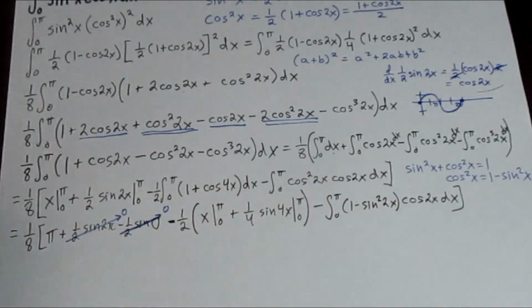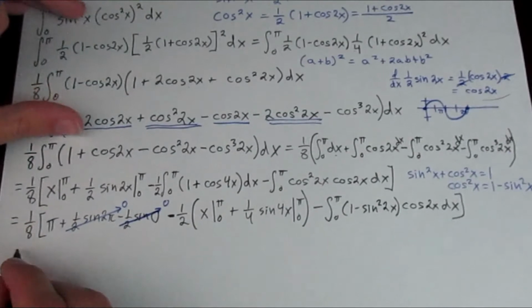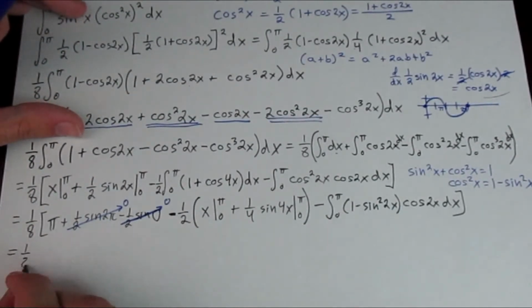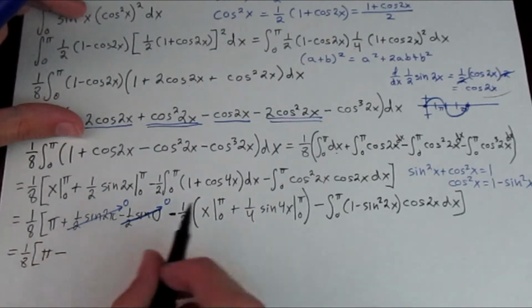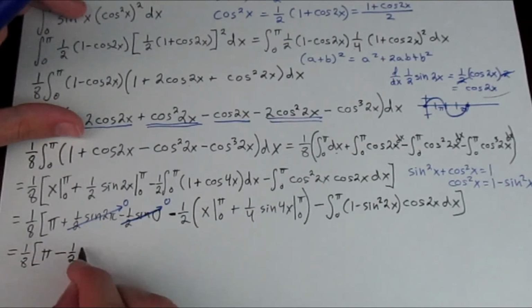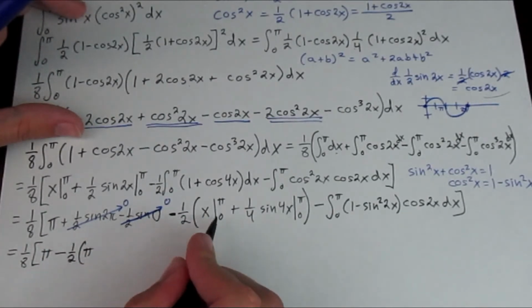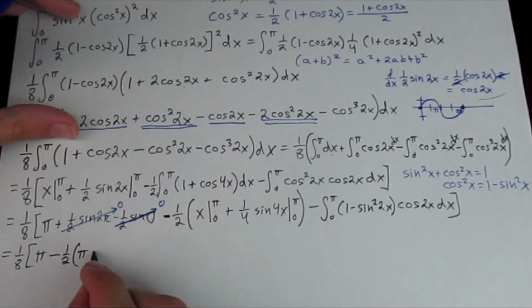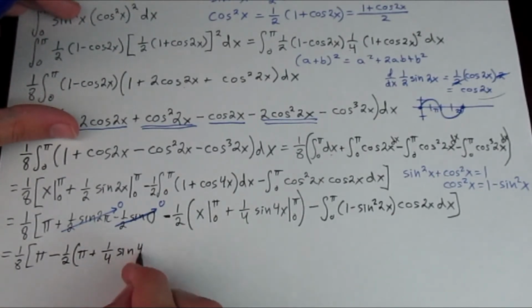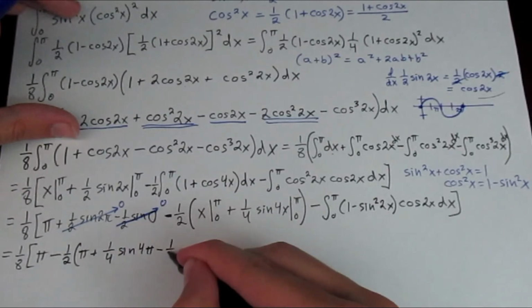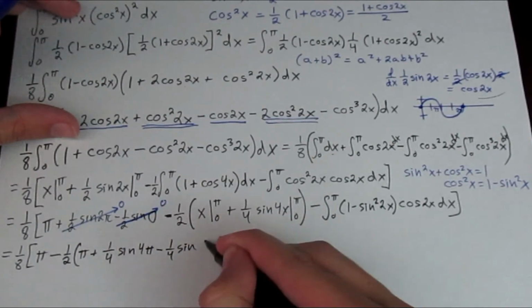First, let's go back over here. So this equals 1/8 times pi minus 1/2 times pi minus 0, which we don't have to write, plus 1/4 sine of 4 pi minus 1/4 sine of 4 times 0 is 0.